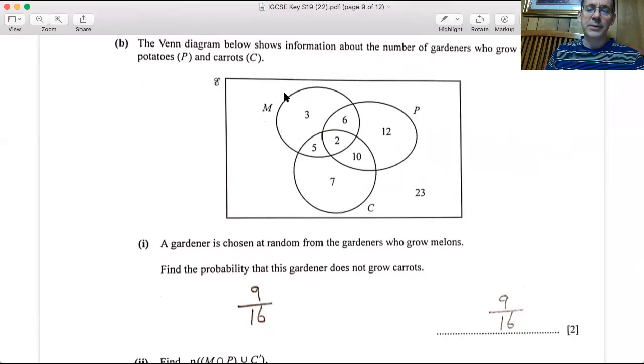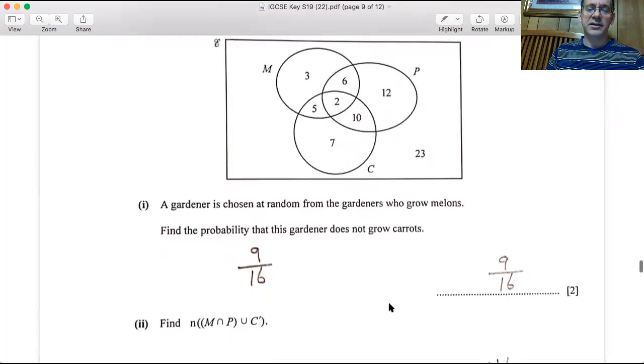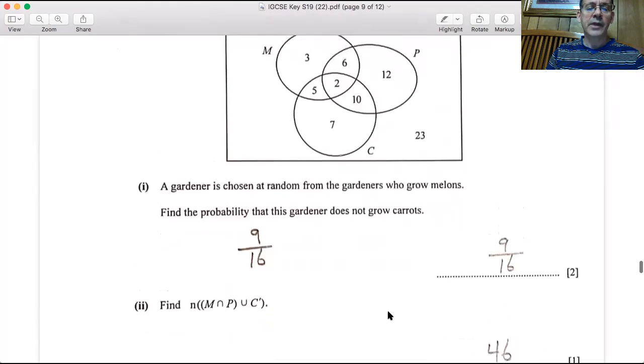And the total number of melon growers is 6 plus 3 is 9, plus 2 is 11, plus 5 is 16 total melon growers. So 9 of the 16 do not grow carrots. So 9/16 is that probability.